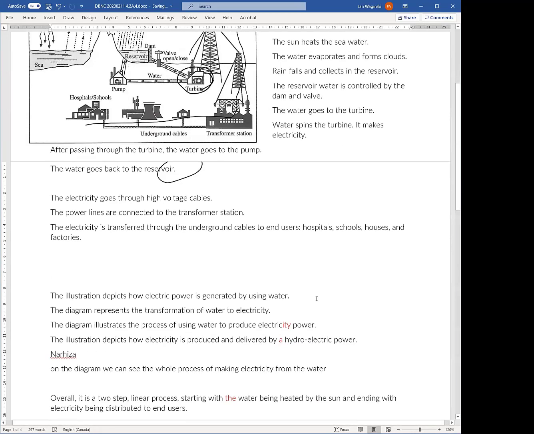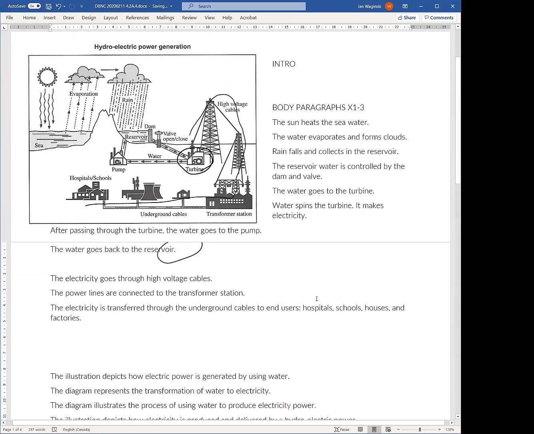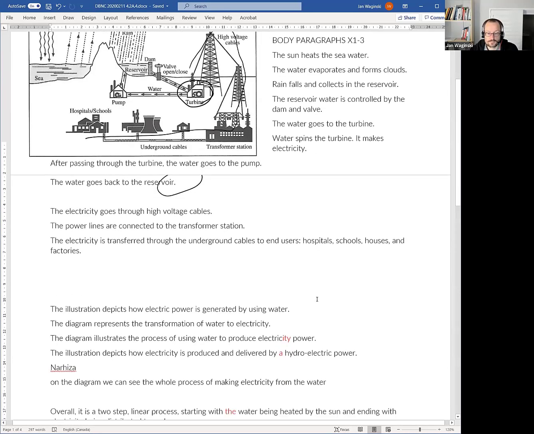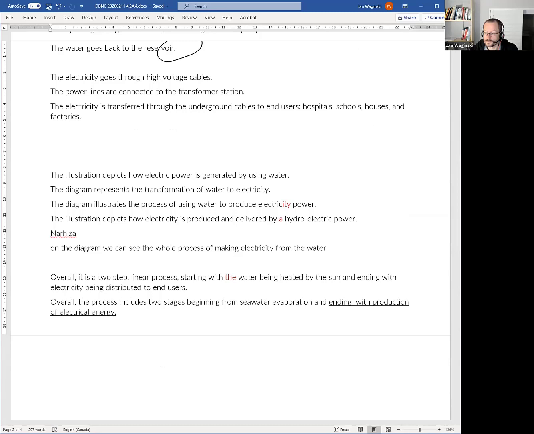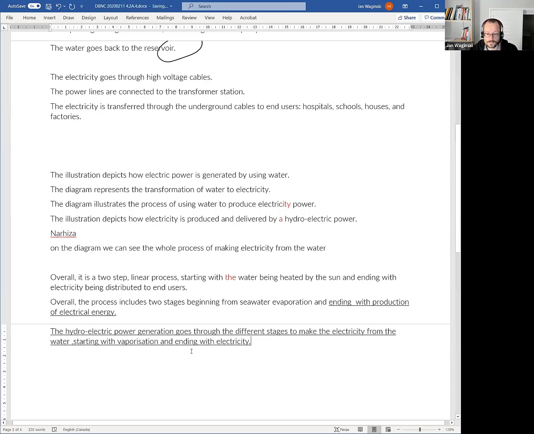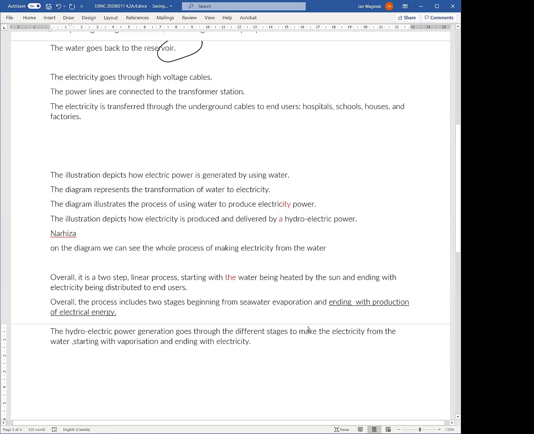So I should add being distributed to end users? Yes, that needs to be there. So the first one is good. How could I correct that? So like ending with production of electrical energy to be distributed to end users.